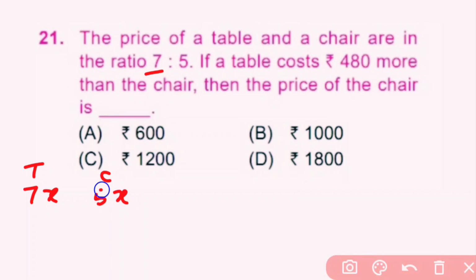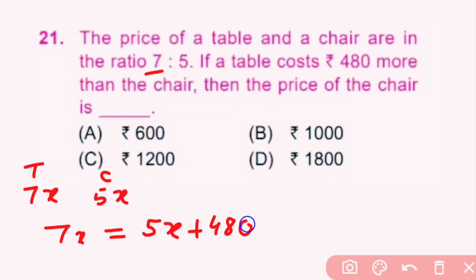And if the table costs rupees 480 more than the chair, means cost of table is equal to 5x plus 480.